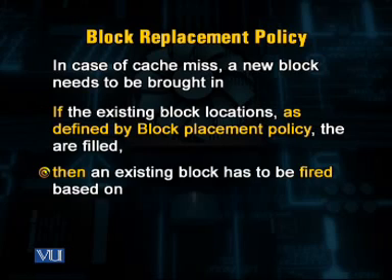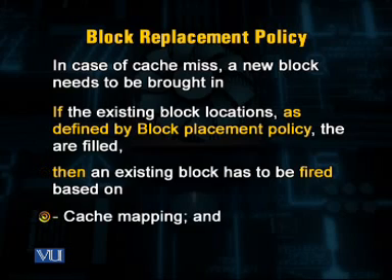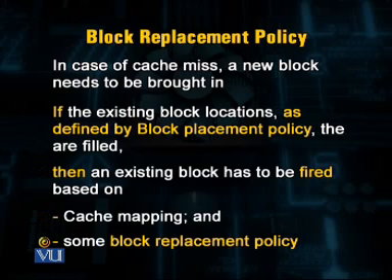Now, this firing is done based on what type of cache mapping is used and what block replacement policy is to be used. So, let us discuss this for the 3 different types of mapping policies which we have already discussed.